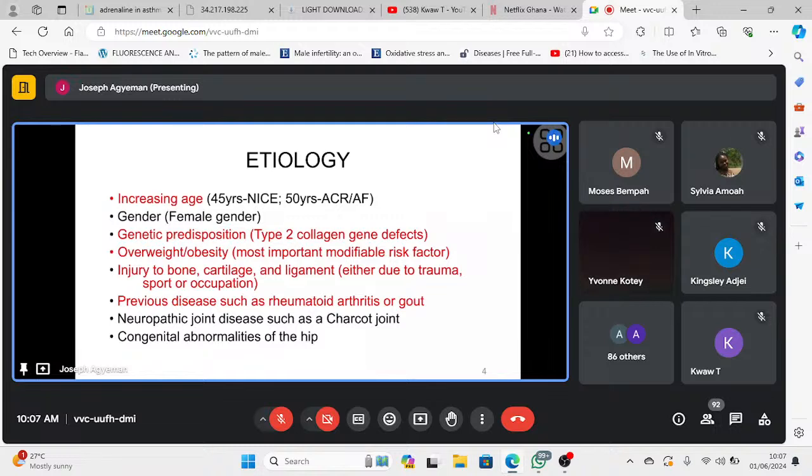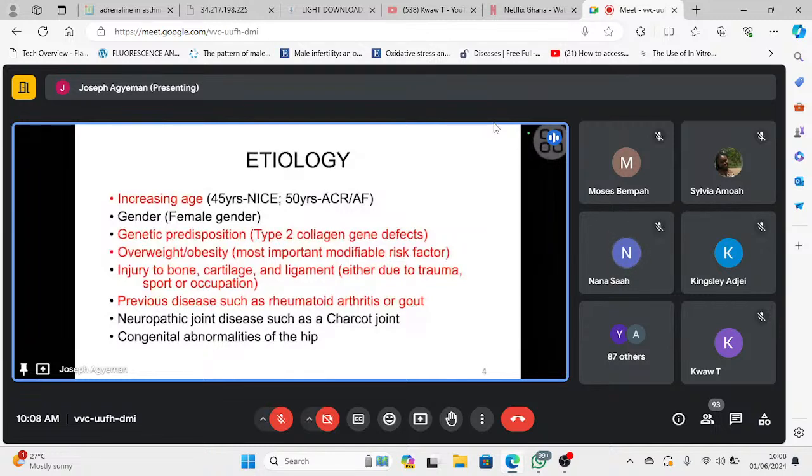What are the crystals that can contribute to gout? Both gouty arthritis proper and pseudogout. Class captain, which crystals will lead you to gouty arthritis and which crystals will lead you to pseudogout? It's because you've done gout. That's why I'm asking you questions.